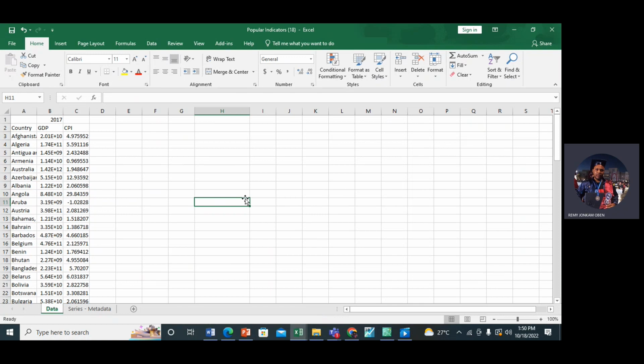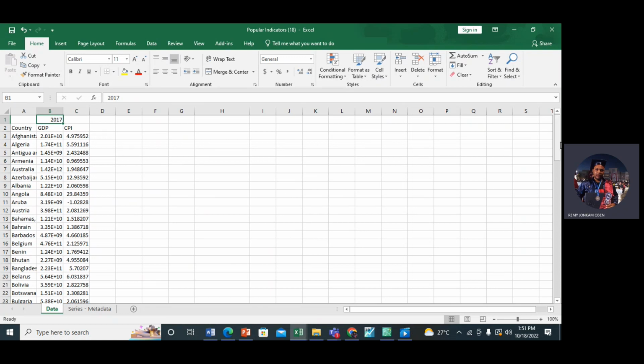So in this cross-sectional data, we have 2 variables, GDP and CPI, right? Now, with time series data, to input in eViews you need to know the start year and the end year. But with cross-sectional data, we are not using years because we have just 1 year, 2017. So we instead need to know the number of observations.